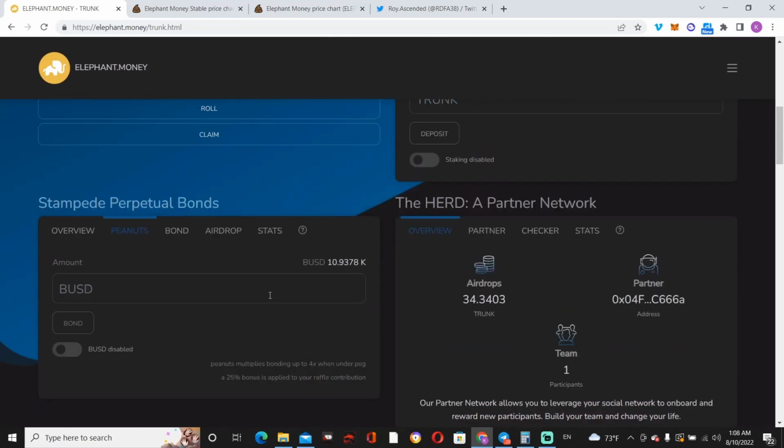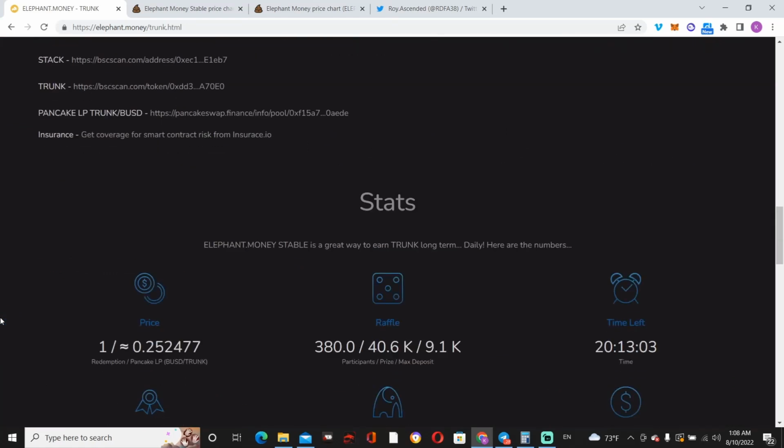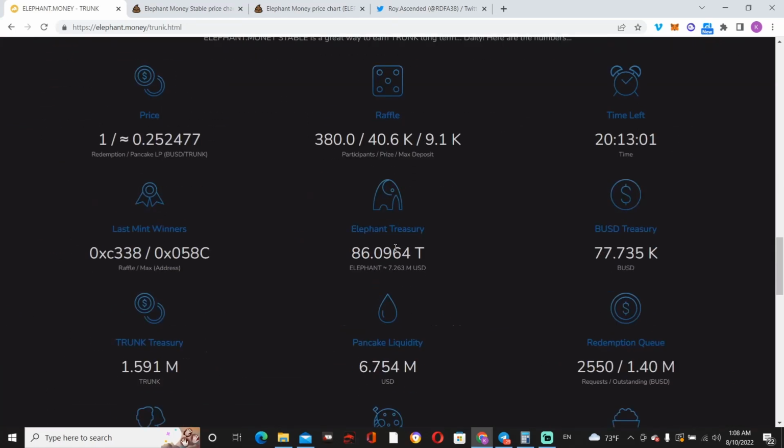Now, of course, this will give you arbitrage opportunities. For example, whenever you do that and the price on PancakeSwap is not so affected, you can reverse it and go buy on PancakeSwap, and so on and so forth. This helps arbitrage, and like I said, what matters here is growing these two treasuries, growing my BUSD treasury with all the BUSD being used in peanuts.